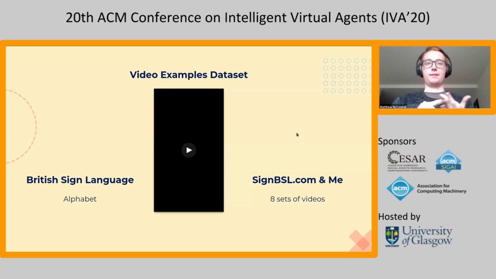It's also got 8 sets of videos, and it's mostly of me, but there are some videos from signbsl.com, which is a good website to look at to see there's already a lot of video examples of sign language, and they're labeled with what they're translating.